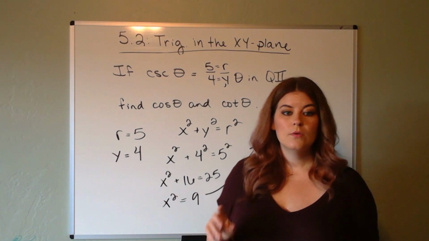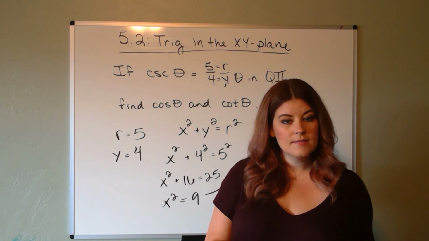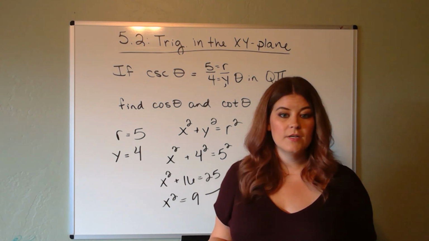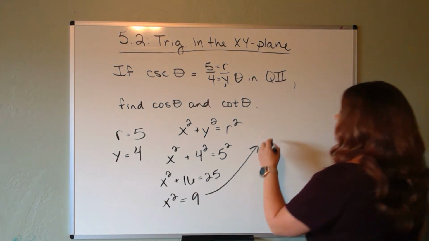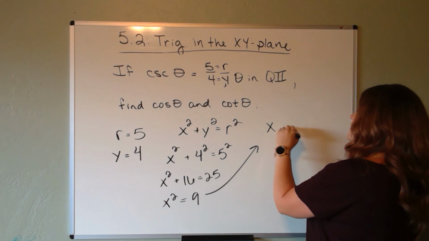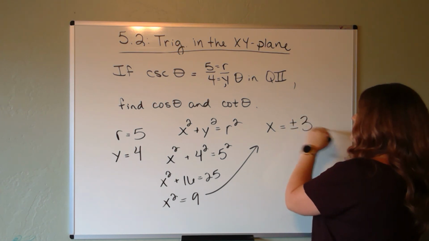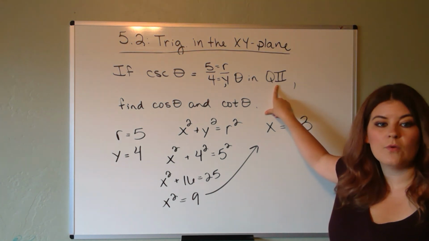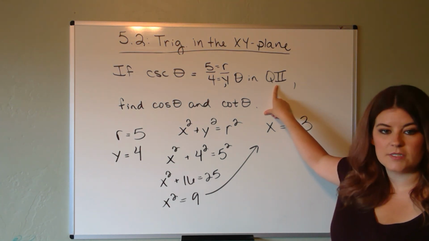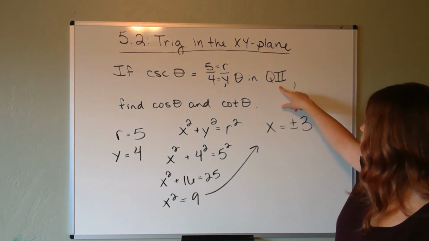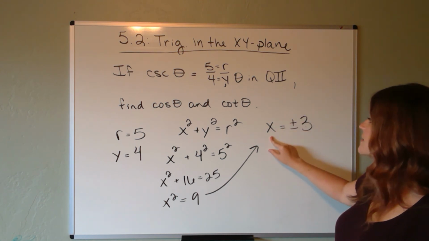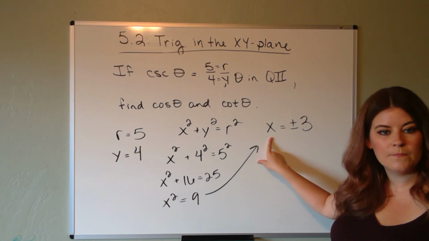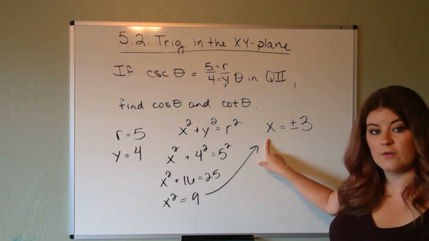Remember, because we're looking for x, it could be positive or negative. So, when I do the square root and I get x equals plus or minus 3, I have to go back and reference what quadrant I'm in to know which is which. In quadrant 2, is x positive or negative? It's negative in quadrant 2.